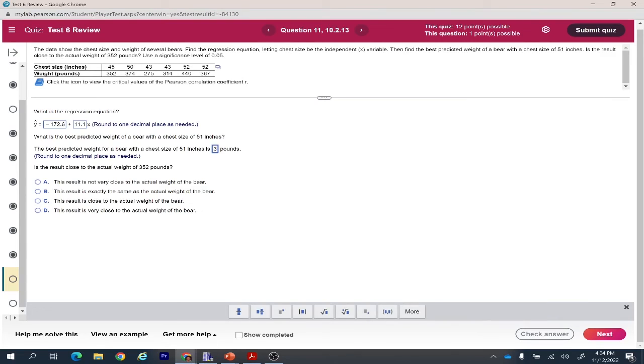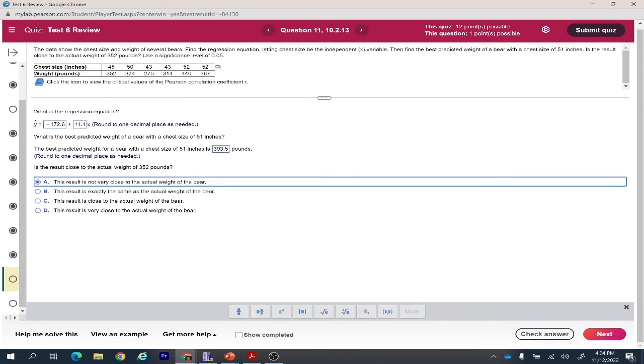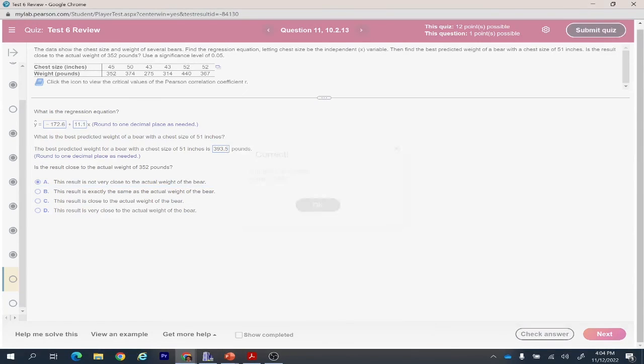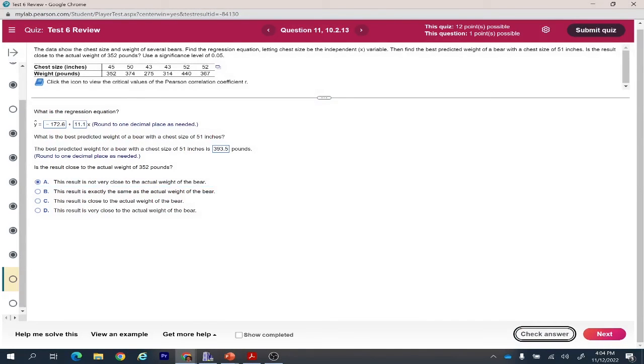That's the weight, 393.5. Is the result close to the actual weight of 352? This is not close. This result is not very close to the actual weight of the bear, because the actual weight was 352 and it's 393.